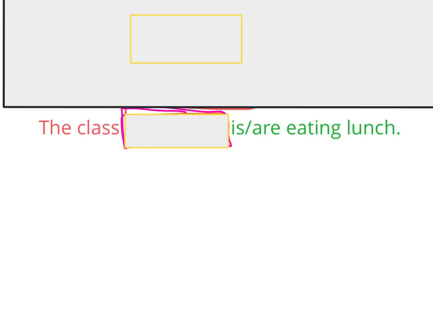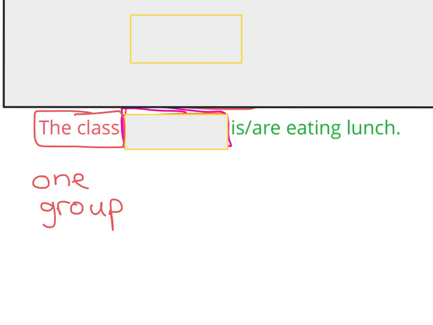So let's look at the subject. We found it. It's over here. The class is always one group, so it's a singular subject. That means we want to pick is. It is not going to be are. So we can read it. The class is eating lunch.